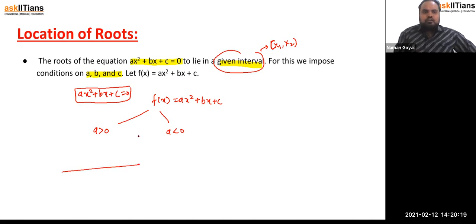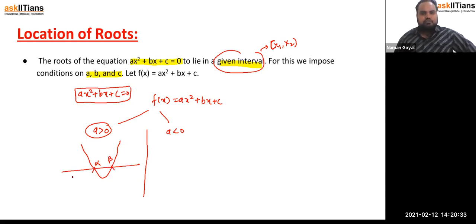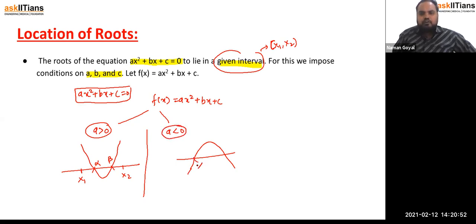So the two possibilities are: if this is the graph when a is positive, and the points alpha and beta are the roots, and these roots lie between x1 and x2. And if the graph is like this when a is less than 0, the points are again alpha and beta, and we can take these points as x1 and x2.